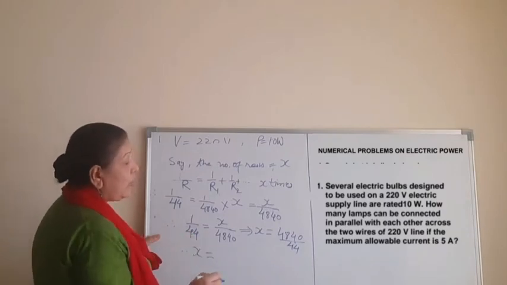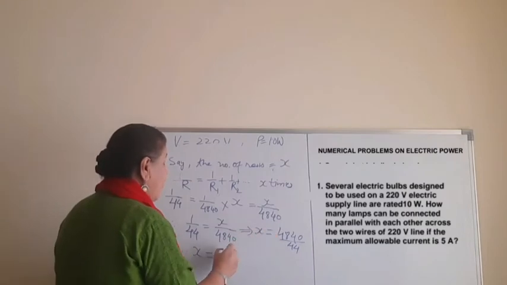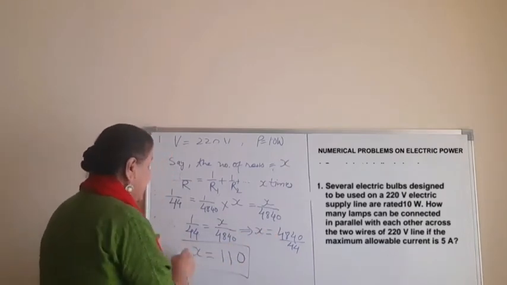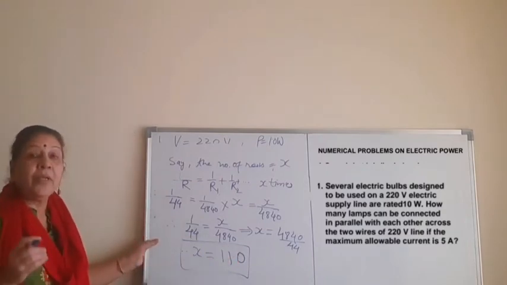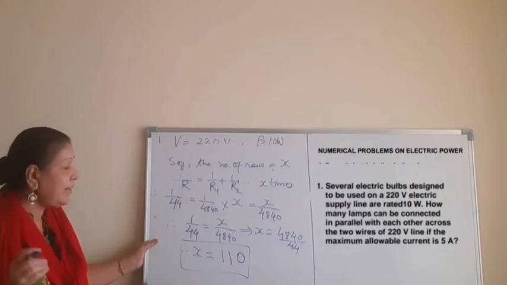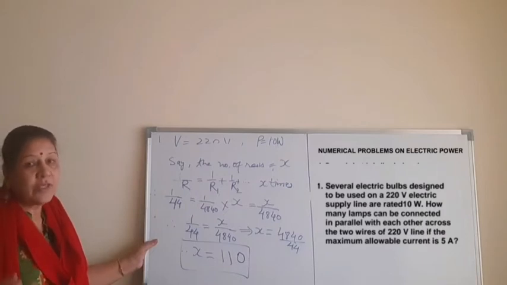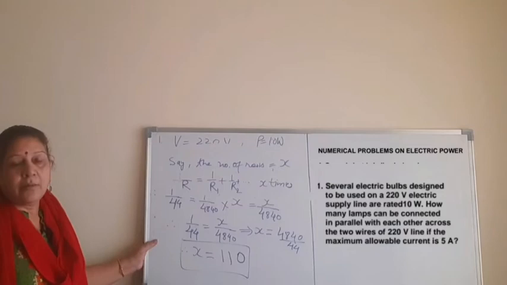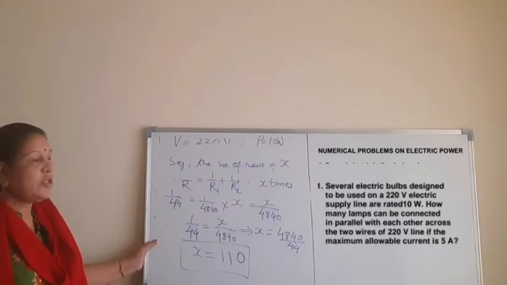X is equal to 110. So the number of resistances which are to be connected in parallel so that the maximum allowable current is 5 ampere is 110 bulbs, or 110 resistances. Each one will have R1 as 4840 ohms resistance. So this is the solution for question number 1.